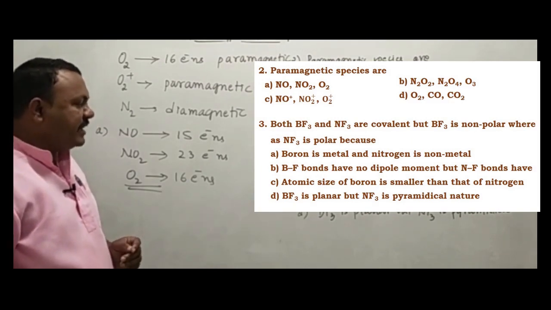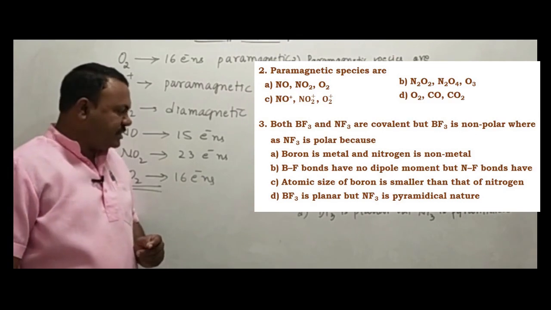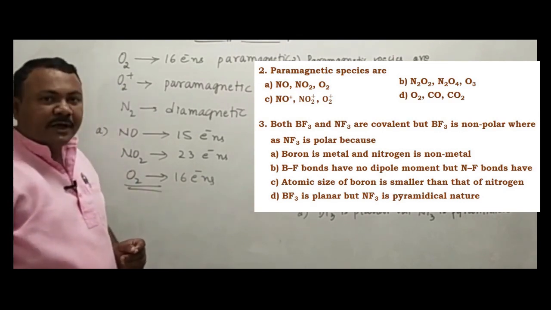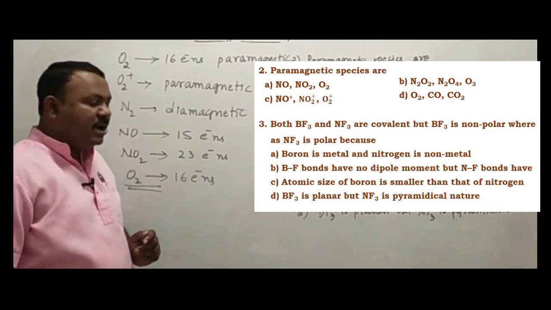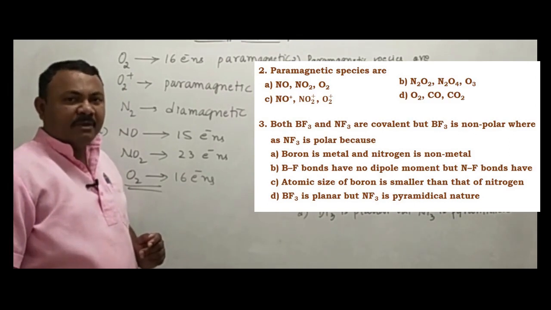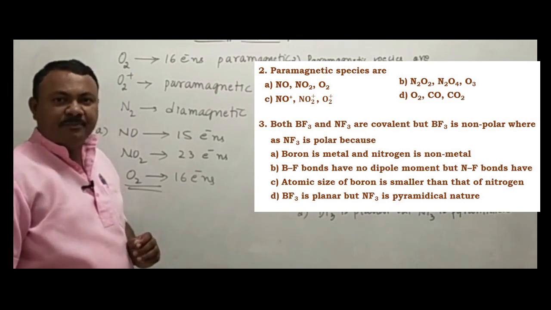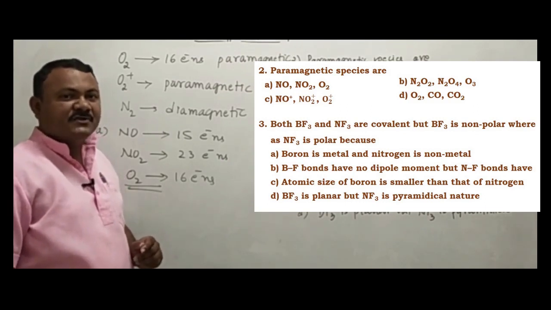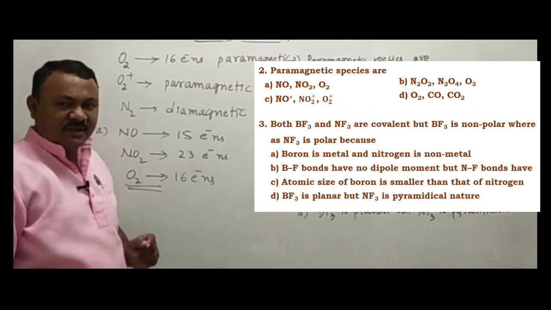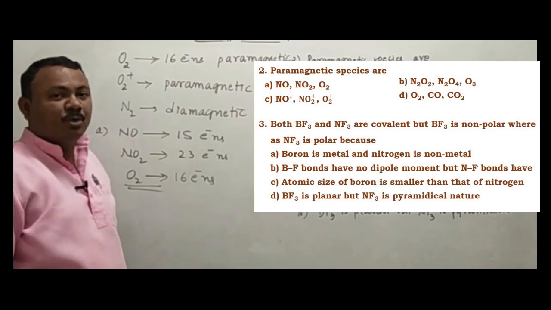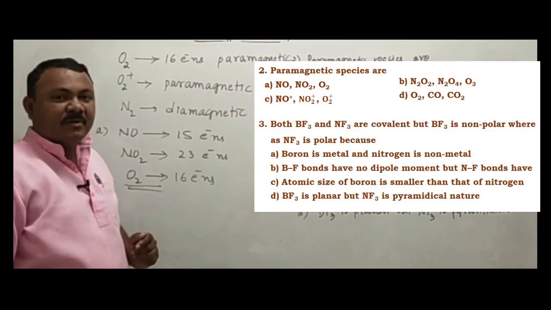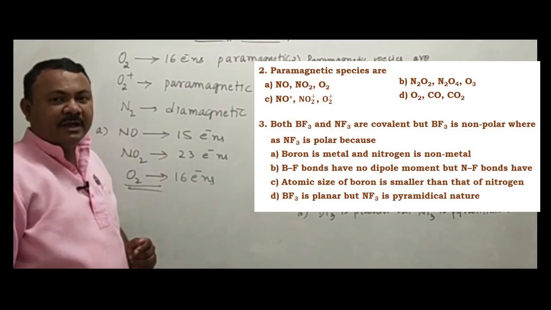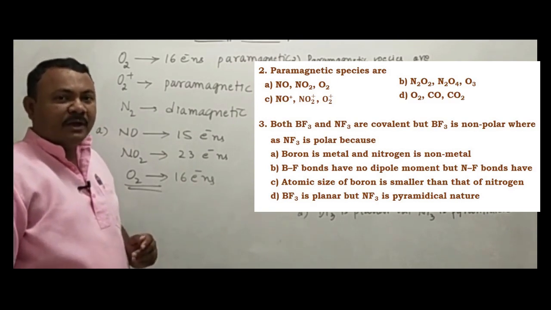C, atomic size of boron is smaller than nitrogen. D, boron trifluoride is planar, but nitrogen trifluoride is pyramidal. So this is the main reason for dipole moment. Boron trifluoride is planar. As a result, bond dipoles get cancelled with zero resultant dipole moment. Whereas NF3 has a pyramidal structure, therefore we get a net dipole moment in nitrogen trifluoride.